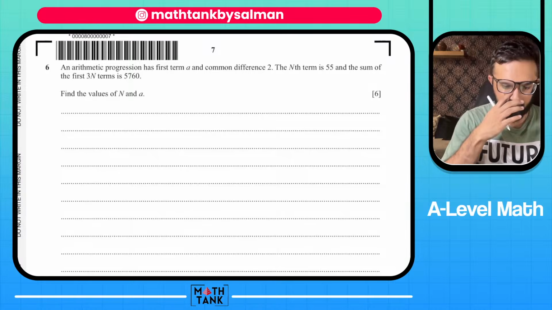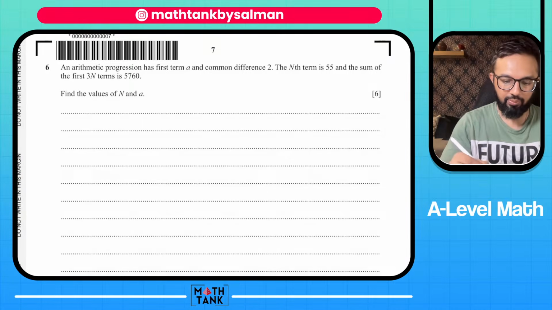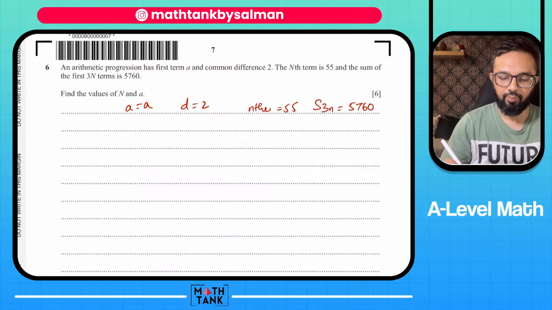Okay, question number 6 says an arithmetic progression has first term a and common difference 2. The nth term is 55 and the sum of the first 3n terms is 5760. Find the values of n and a. So term number n is basically a plus n minus 1 times d.